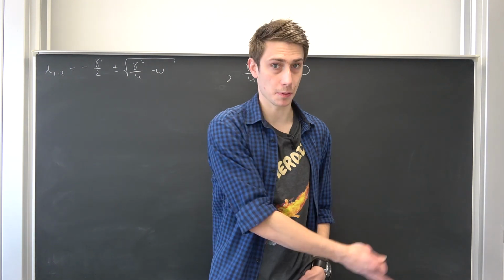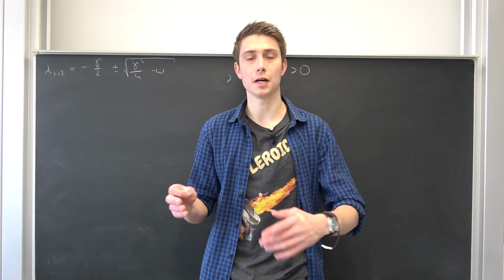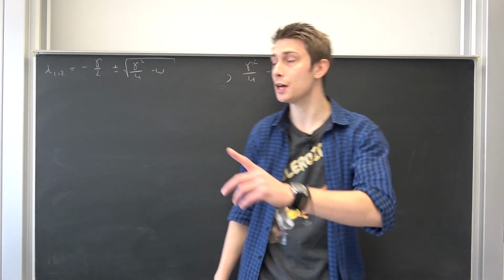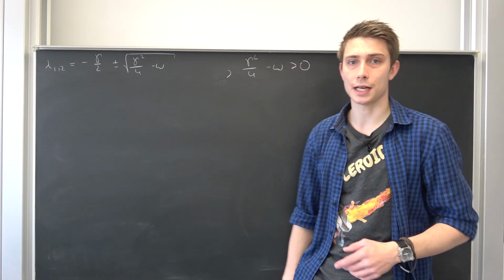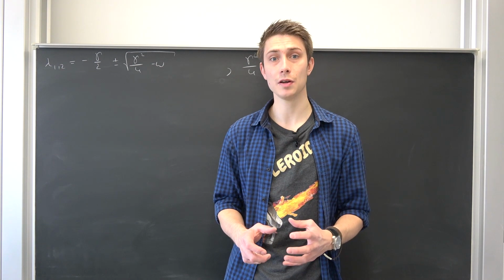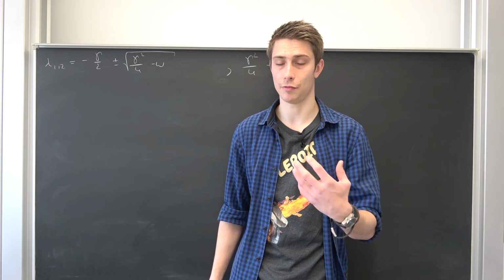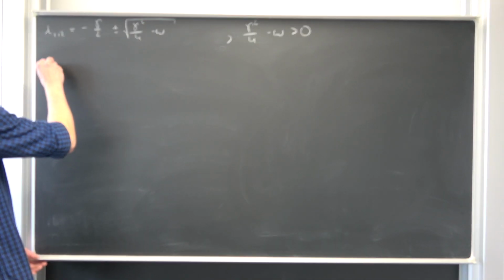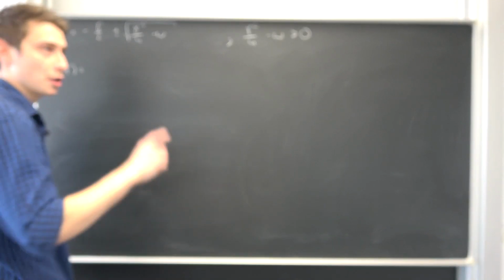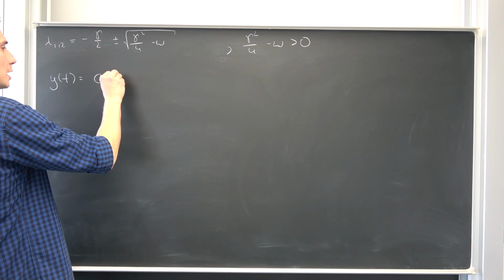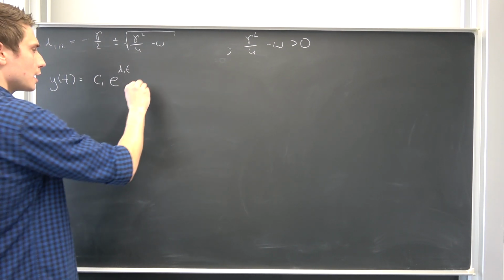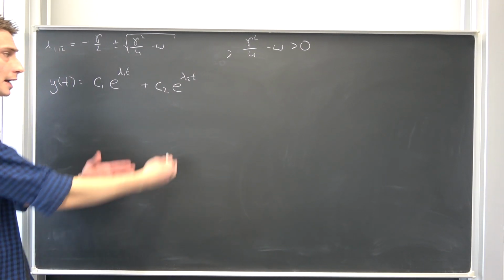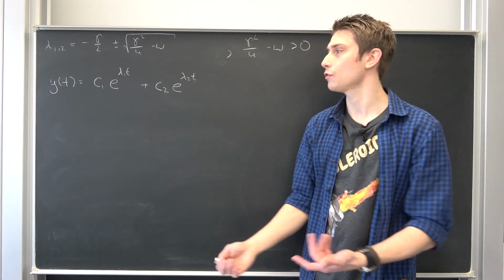If you take a look at my superposition principle video and also my linear homogeneous differential equations of the first order video, then you might notice that we can actually put homogeneous solutions together to get ourselves a fundamental system, a fundamental solution, meaning we can construct our y with respect to t as nothing but 1 solution C1 times e to the lambda 1 times t, plus C2 times e to the lambda 2 times t. Okay, this is how we are going to construct our fundamental system.